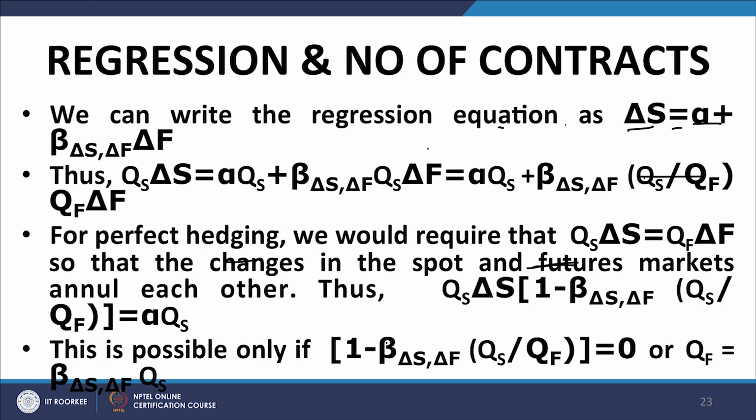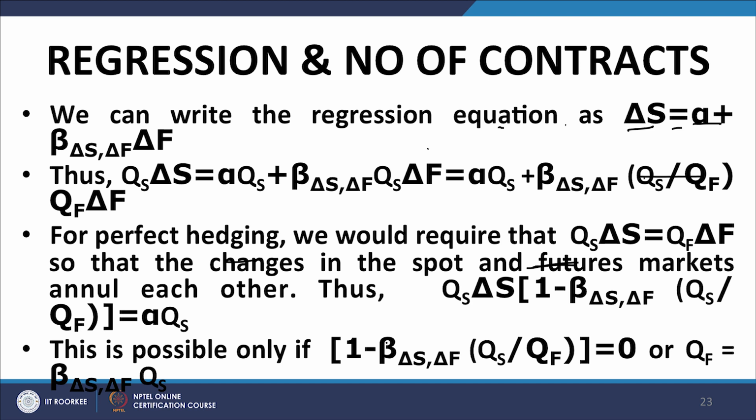So, the regression equation that we talked about was delta S, the dependent variable, is equal to alpha plus beta delta S delta F into delta F, where delta F is the independent variable.